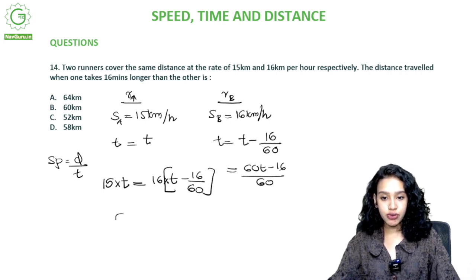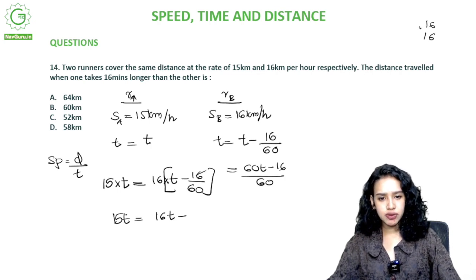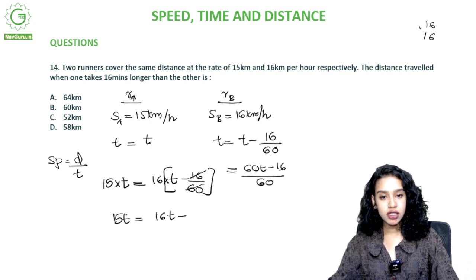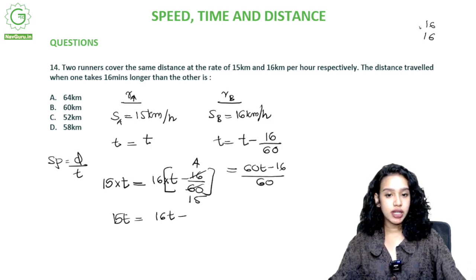So we have 15T is equal to 16T minus 16 into 16 by 60. We could cut it short from here, 16 and 60 by 4. 4 4s are 16, and 15 4s are 60, so we have 4 by 15.